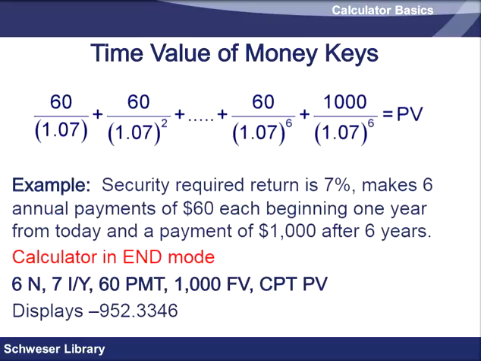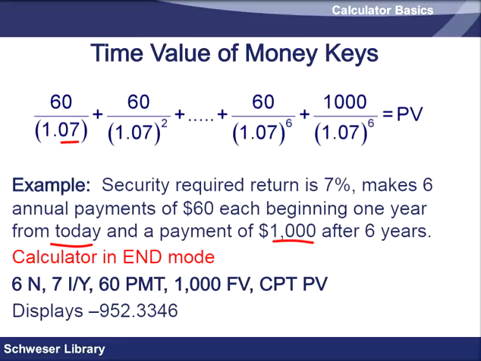Now let's take a look at an example here. We've got a security with a required return of 7%, so we're adding 7% to 1 to discount that. It makes 6 annual payments beginning 1 year from today, so that's clearly end mode, and a payment of $1,000 after 6 years.